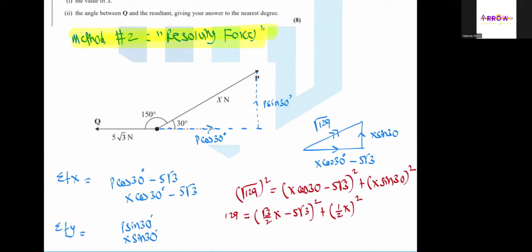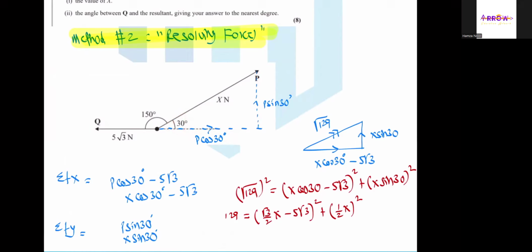However, force P is inclined at an angle of 30 degrees to the horizontal. So the horizontal component is P cos 30 because it is adjacent to this angle 30, and the vertical component is P sine 30 upwards, because it is opposite to this angle 30.